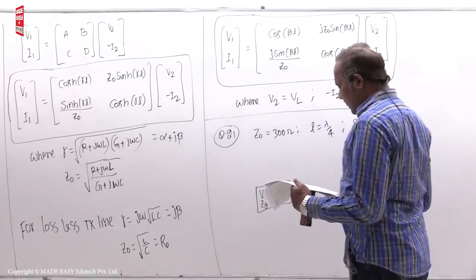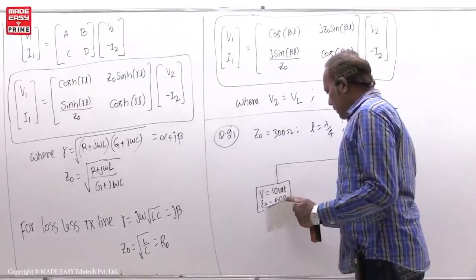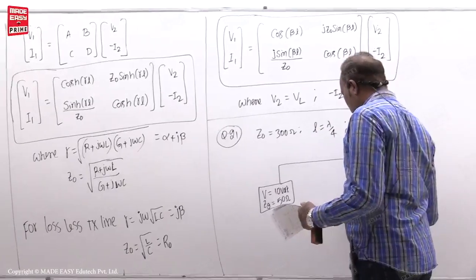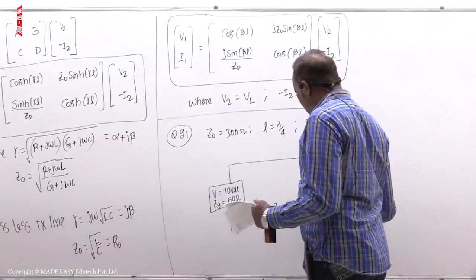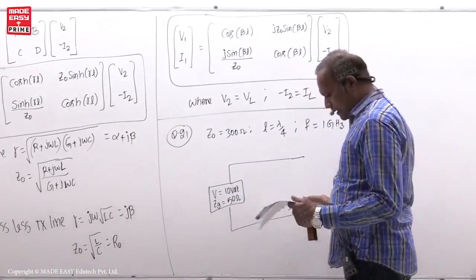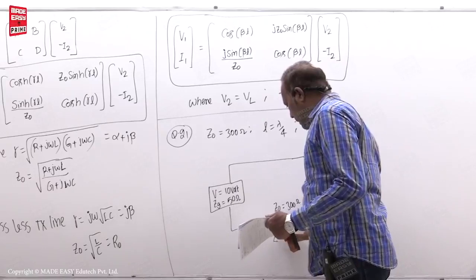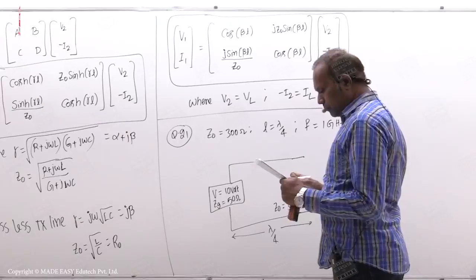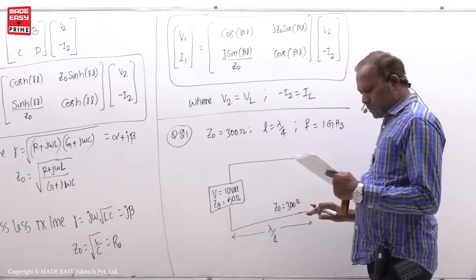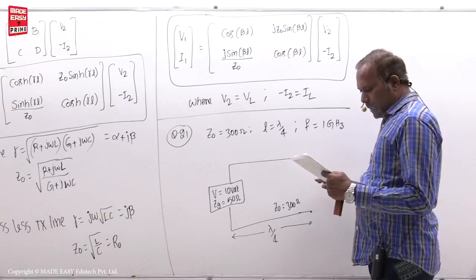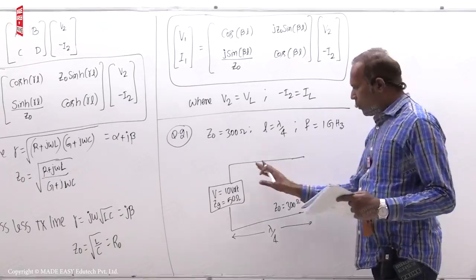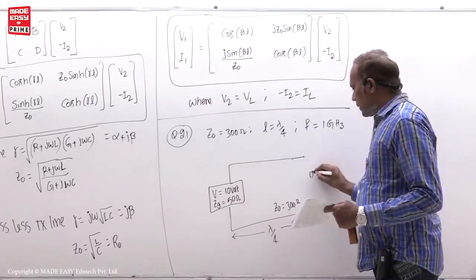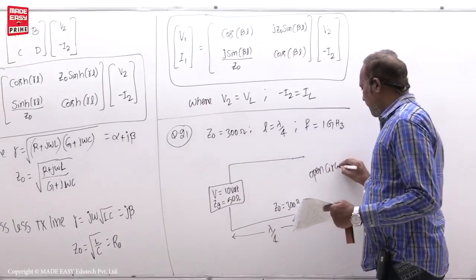The characteristic impedance is 300 ohm, and the load is open circuit, nothing is there. The length of the transmission line is lambda by 4, and it is left open circuited at the other end. One end is connected to a 10 volt source having internal impedance 50 ohm, and the other end is open circuit.